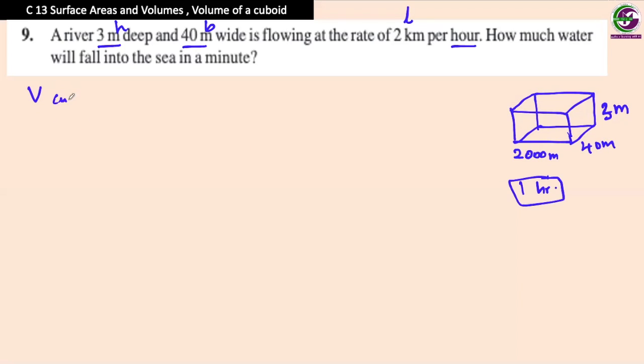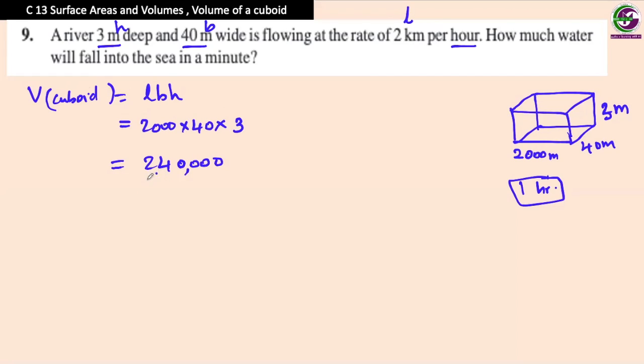So first of all, we have to apply volume of cuboid is length times breadth times height, which is 2000. Remember, kilometer to meter. 2000 times 40 times 3, which is equal to 8 times 3 is 24, 2,40,000 meter cube in 1 hour. So we have to calculate in a minute.